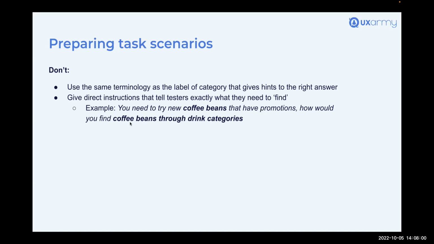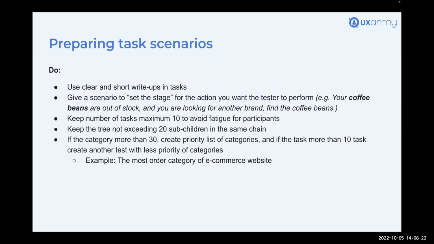Here the participant needs to find the coffee beans item, but the task wording gives a hint that they need to go through the drink category. So avoid designing tasks that give a direct hint to the right answer.